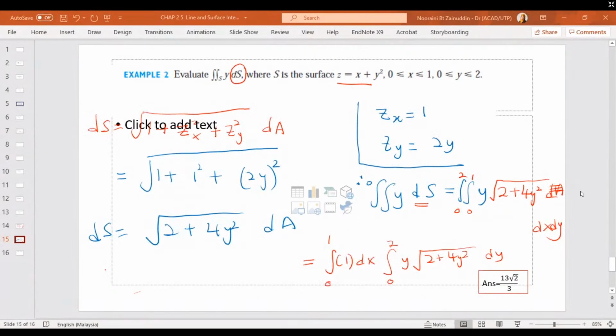That means you have a square inside your square root, and that one is an addition, 2 plus 4y squared, so you cannot split it. You need to use substitution. This one refers back to your calculus. Integrating 1 with respect to x should be no problem, it is just a constant. And the second one, integrate y times the square root of 2 plus 4y squared.